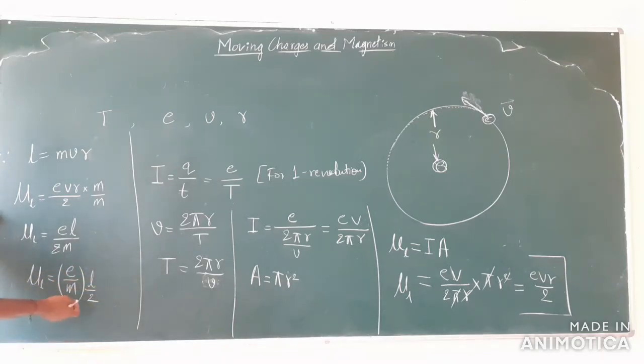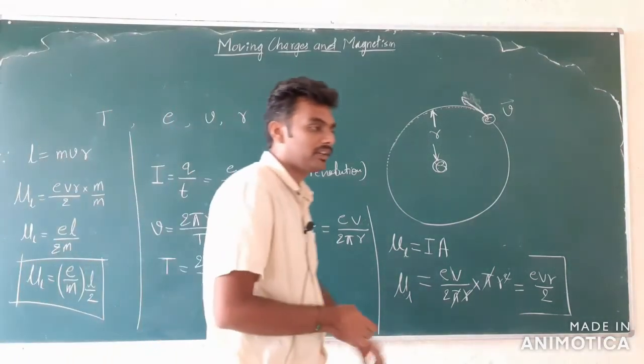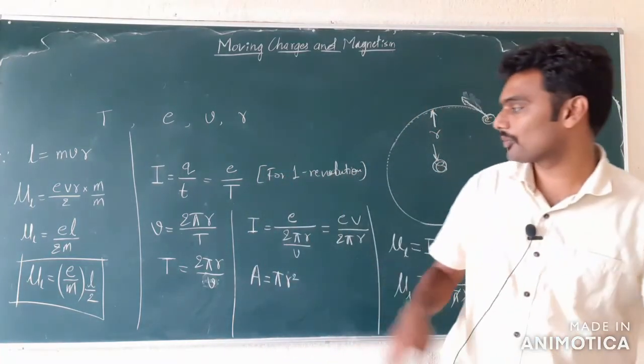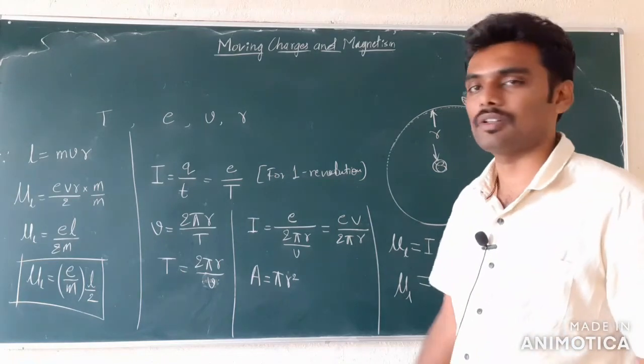In some references, they keep it as e by 2m into L. That's also fine. This is an important derivation. This is the final expression for the magnetic dipole moment of a revolving electron of a hydrogen atom expressed in terms of the angular momentum of the electron.